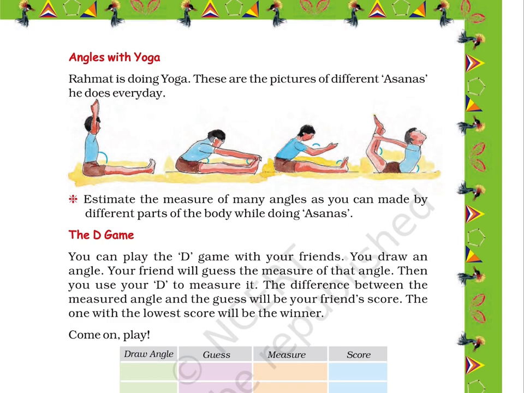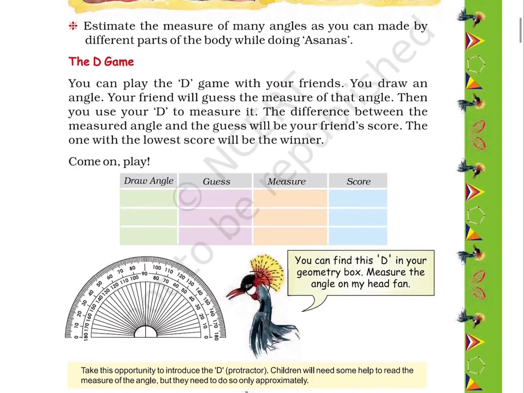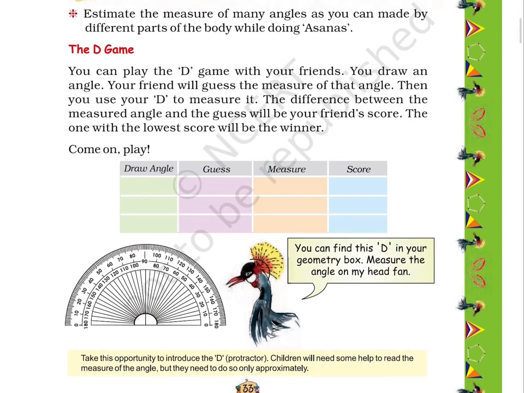The D game. You can play the D game with your friends. You draw an angle. Your friend will guess the measure of that angle. Then you use your D to measure it. The difference between the measured angle and the guess will be your friend's score.